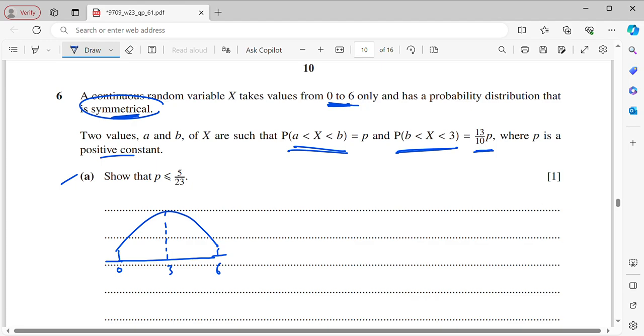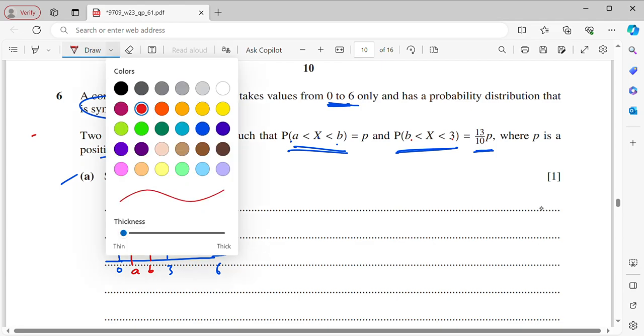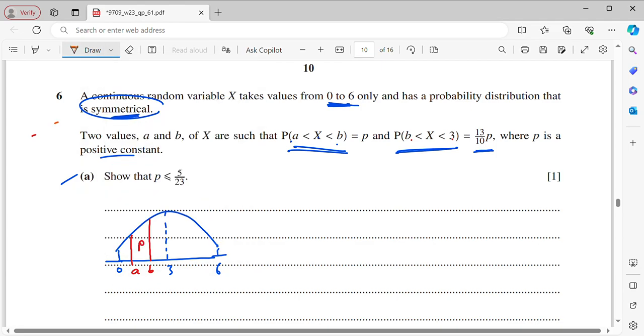Now, x between a and b is p. So let's say this is a, this is b, and the probability is p here. And then b to 3 is 13 over 10p, on the other side.